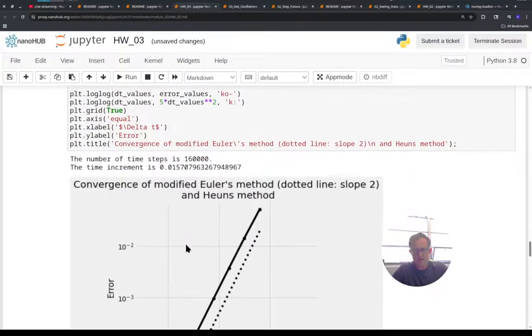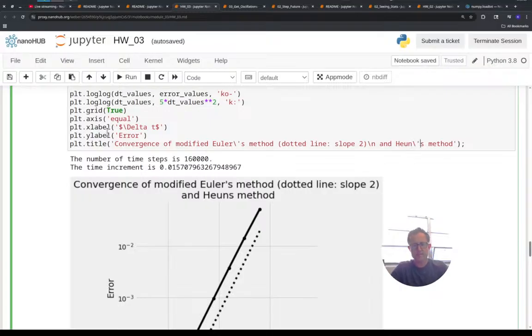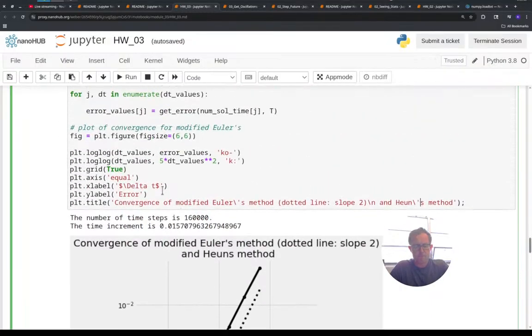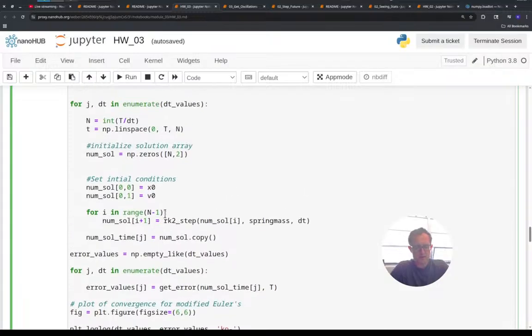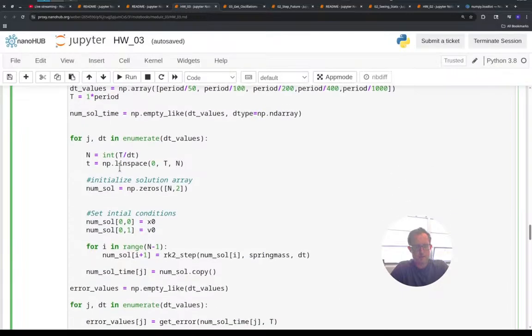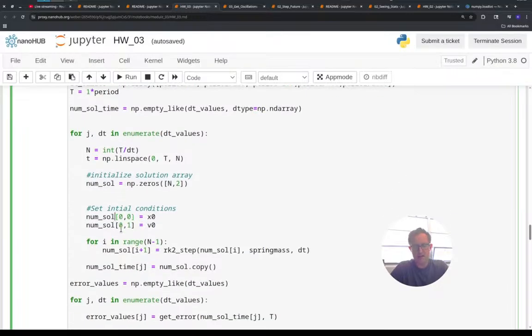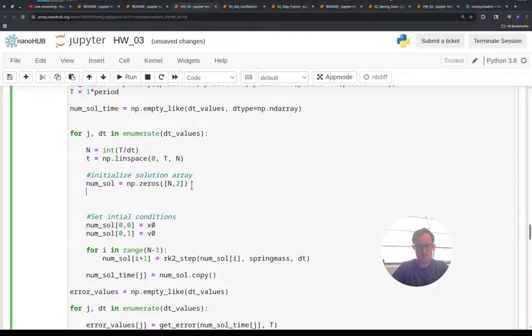I'm changing the title and Hune's method here. Yeah, I'll add that slash like that. Because what I want to do is, in here, I'll just add another one. HEU, like that.